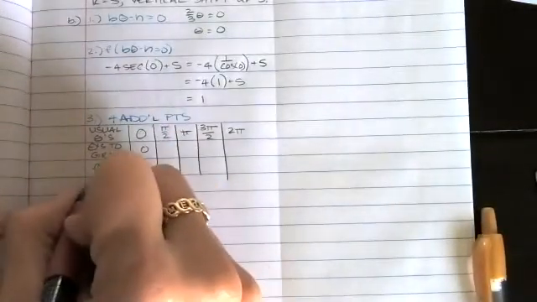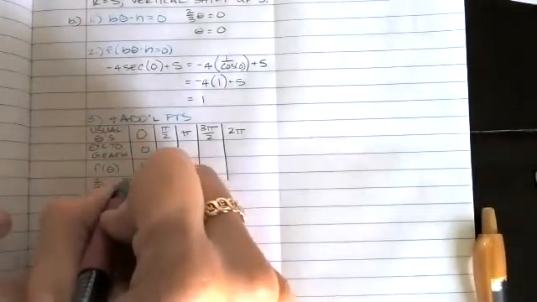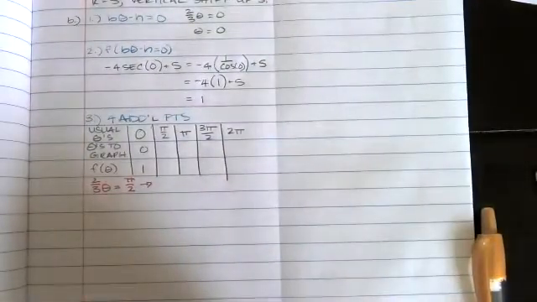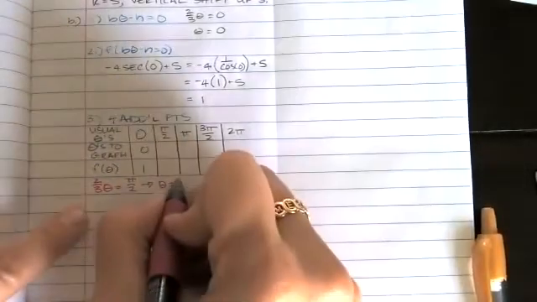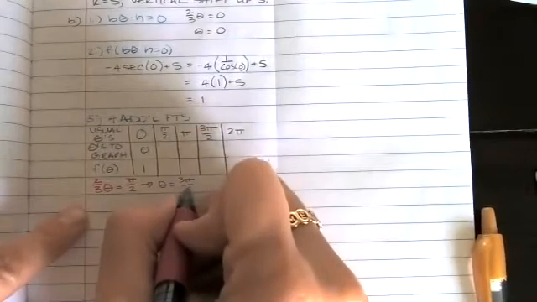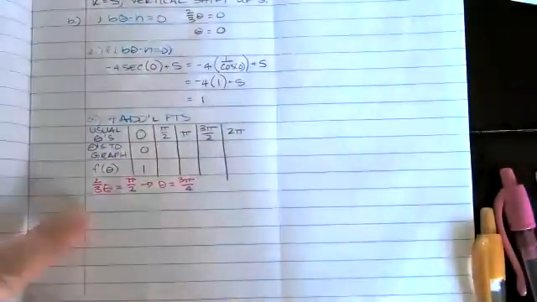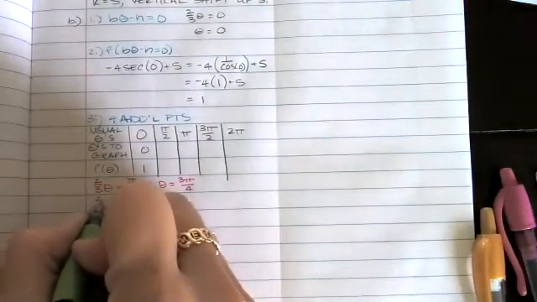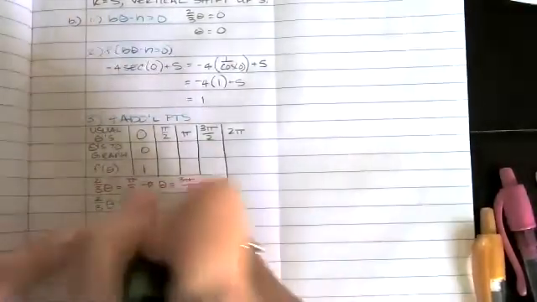So we've got 2/3 theta equals pi over 2. And when we multiply by the reciprocal, we'll get theta equals 3 pi over 4. So moving on to our next value, 2/3 theta equals pi.